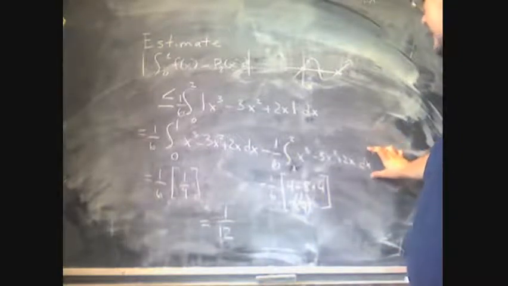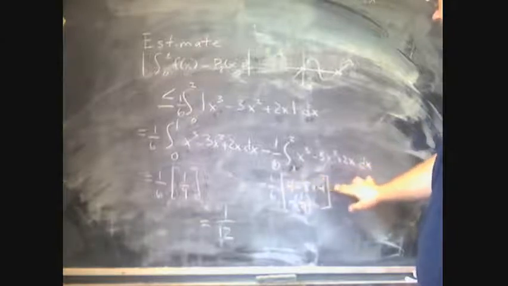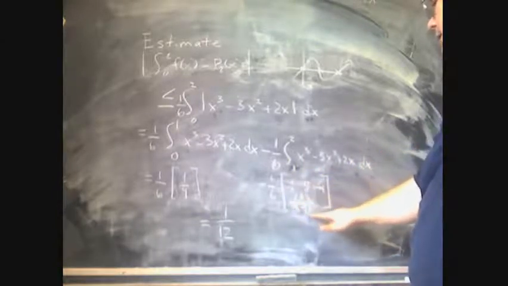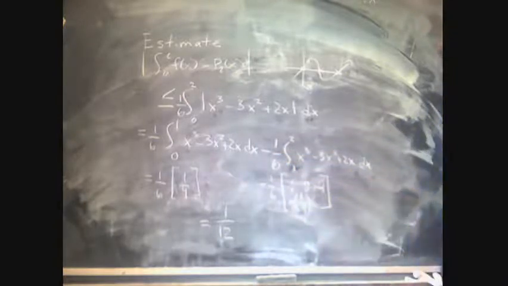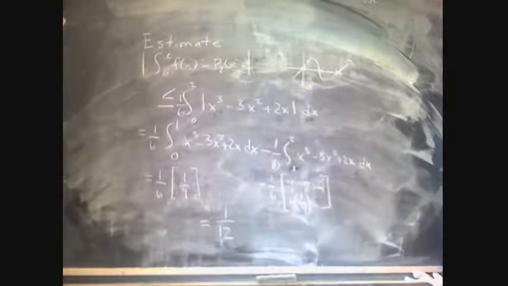On the other half, when you take the antiderivative and evaluate at 2, all these terms are going to cancel out, and all you're left with is a negative 1/4. And since we're doing a negative integral, we have 1/24 on this side as well. So we have 2/24, or 1/12, which means that our second-degree polynomial in this case, for a very good smooth function, is no more than 1/12 off the actual integral.